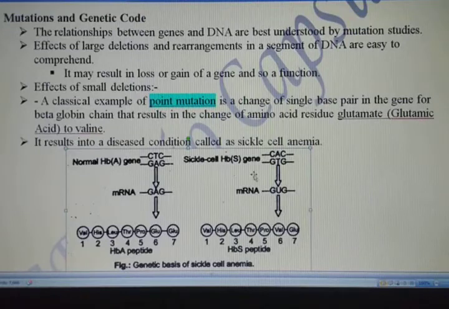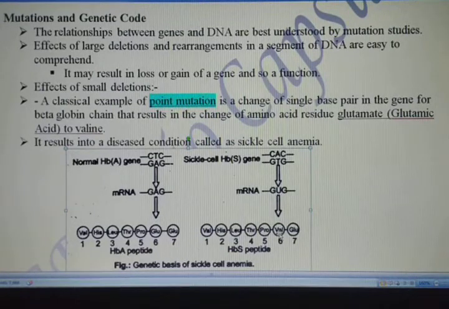Now what has happened? In place of A, suppose that T has come, so GTG. Now when T is present on the DNA, the mRNA that is formed is GUG. Instead of GAG, GUG has come, and this codon codes for valine. As a result, the normal function of the HBA gene is changed and it has become defective.